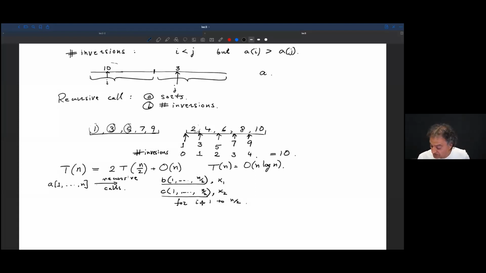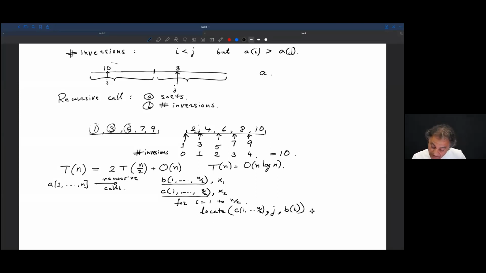So we call a procedure locate, which takes as input the array C, the index j, and B of i.